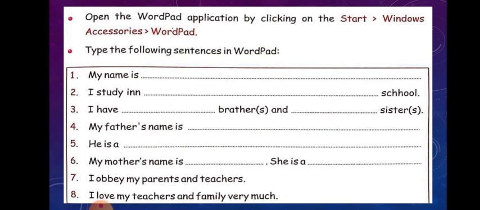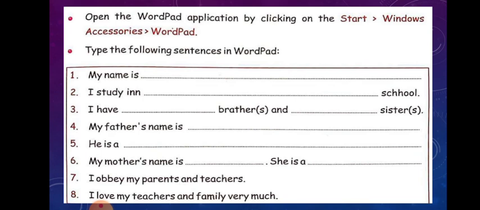My name is, whatever your name is, you write down. My name is XYZ. I read in class 2. I have 2 brothers and 2 sisters, or I have 1 brother, 1 sister. My father's name is XYZ. He is a, whatever he is, fill in the blanks given over here.